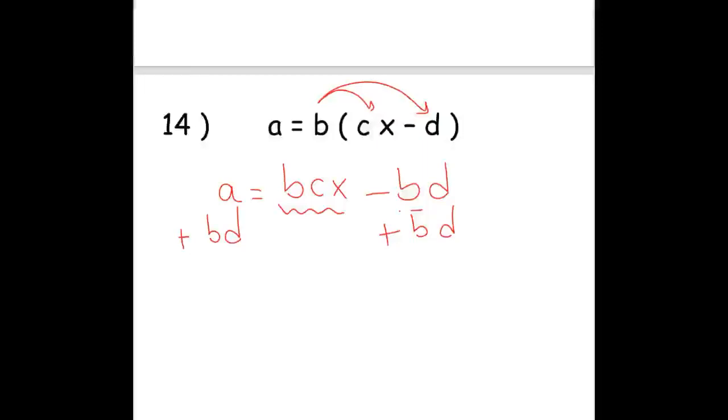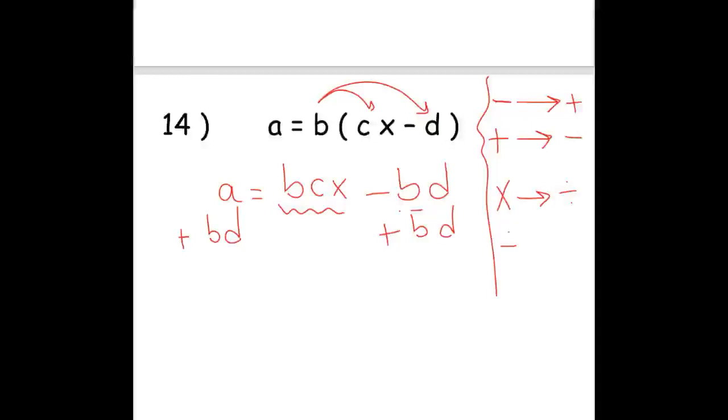Why am I adding bd, not subtracting? Because if I want to get rid of a term, I get rid of it by its inverse operation. That means if I have something subtracted, its inverse operation is adding. If I have something added, its inverse operation is subtraction. If I have something multiplied, its inverse operation is divide.